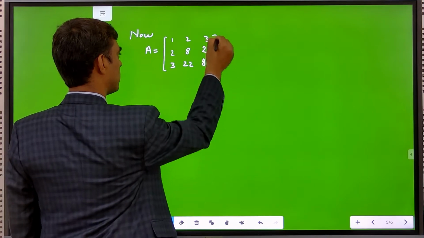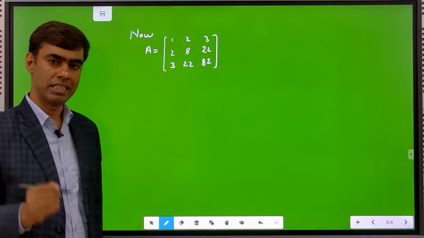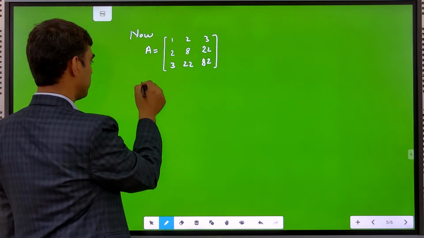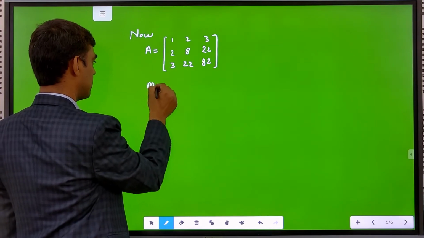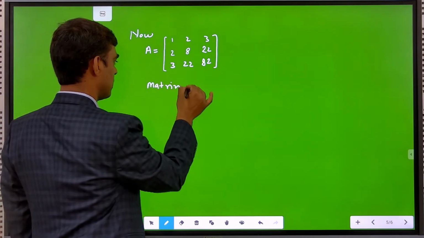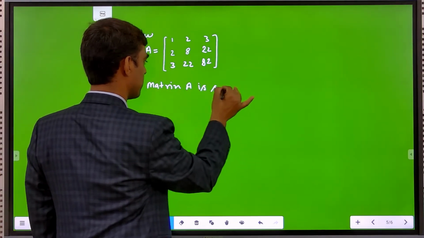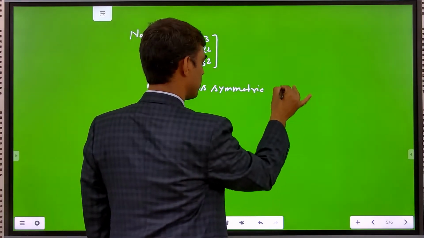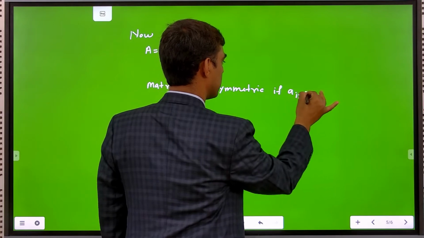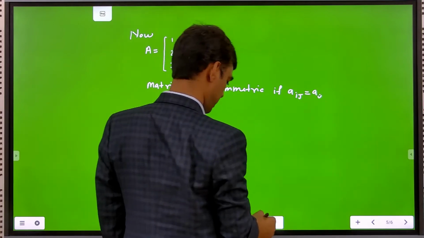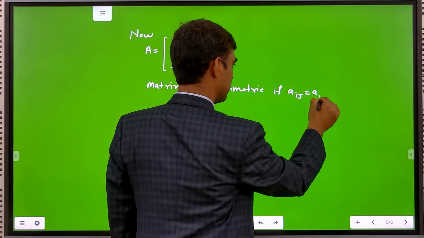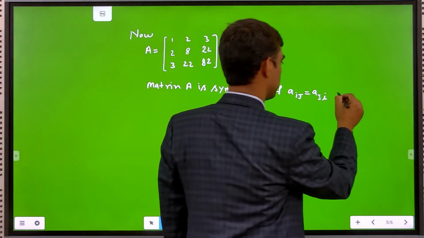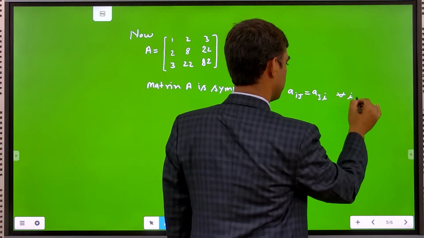First of all we check whether the given matrix is symmetric or not. A matrix A is symmetric if Aij equals Aji for all i and j.